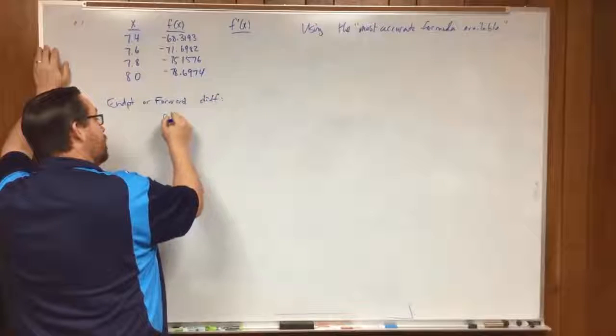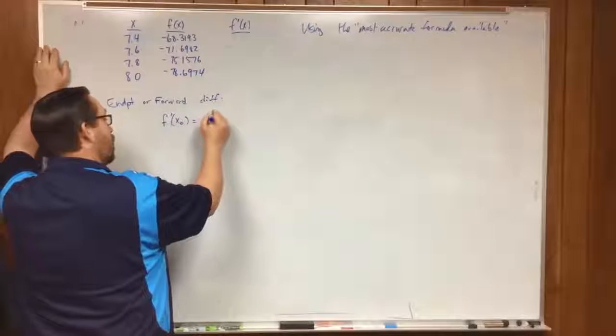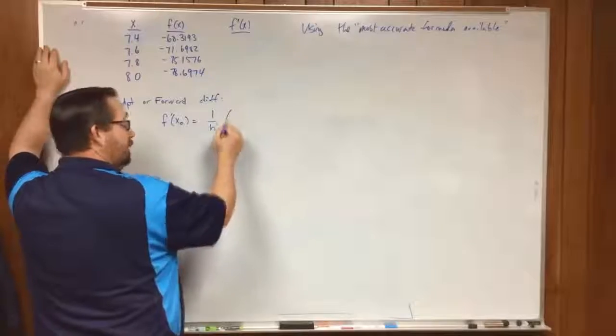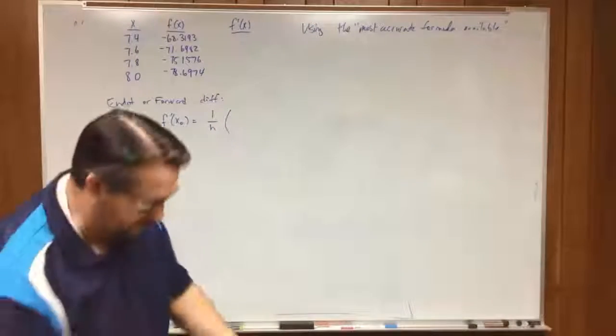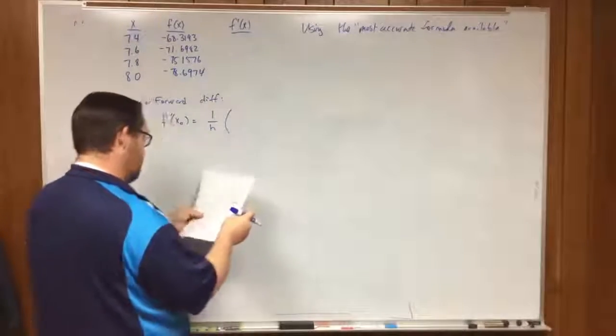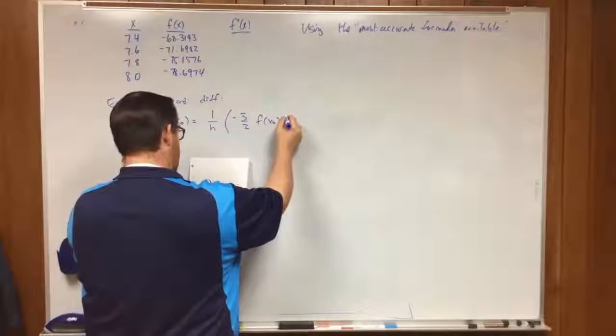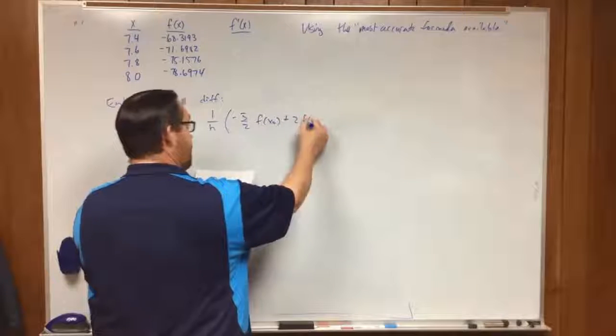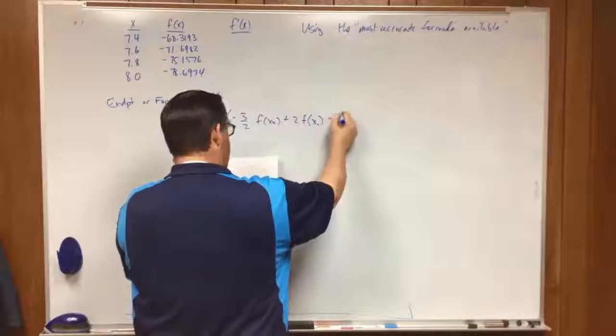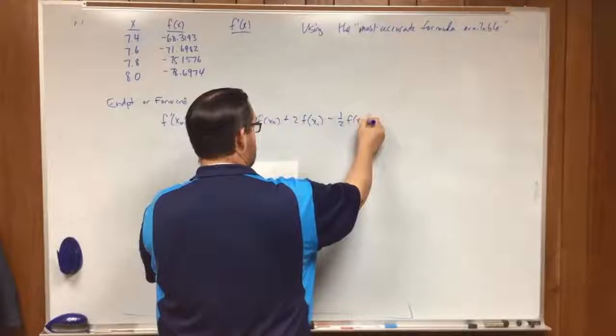which looks like this. f prime at x naught is 1 over h times, and I don't have these memorized and don't expect you to memorize them either, negative 3 halves f at x naught plus 2 f of x1 minus 1/2 f of x2.